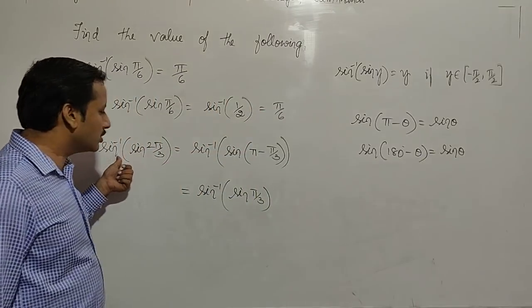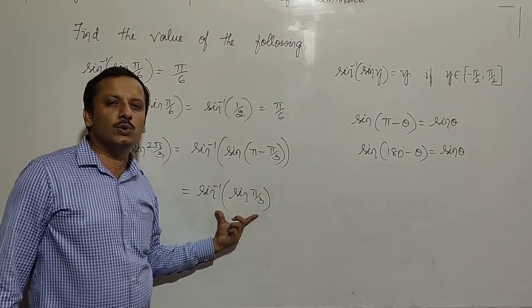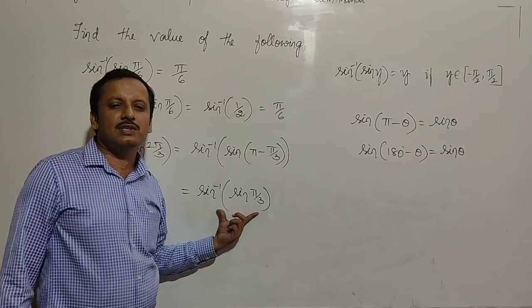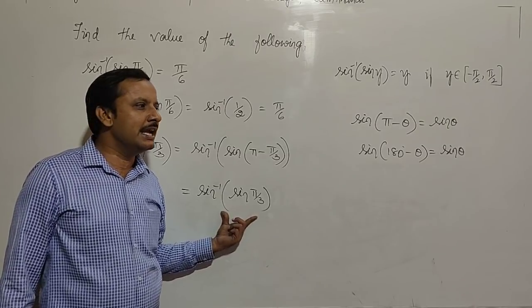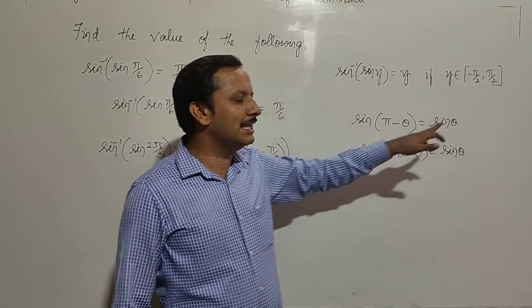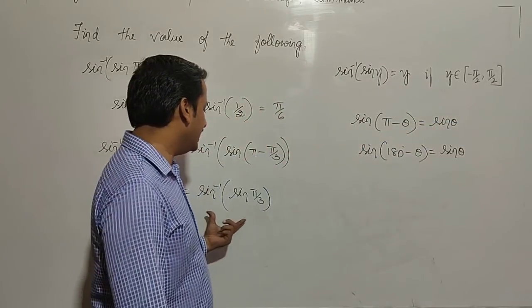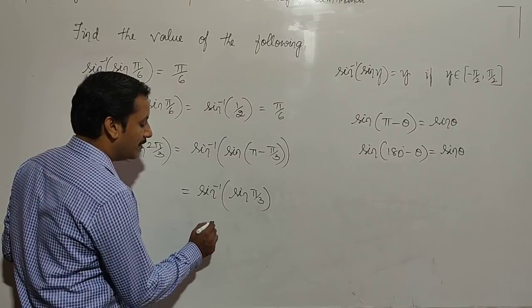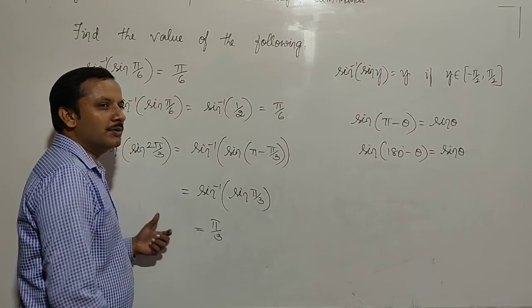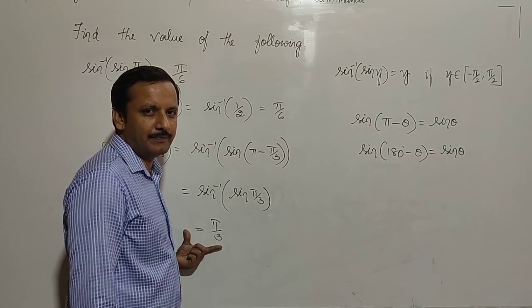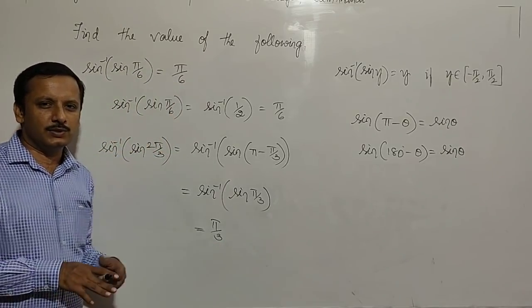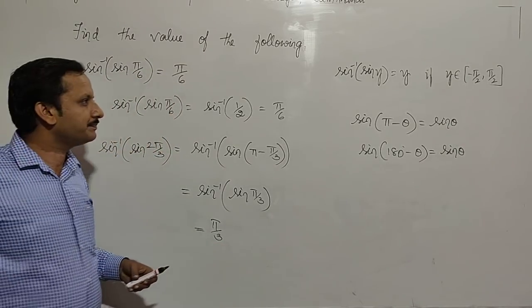However, now we have reduced that problem to this form, sine inverse of sine pi by 3, and now this pi by 3 lies in its principal branch. Therefore, we can directly write sine inverse of sine pi by 3 is equal to pi by 3. Okay, let's go to the next question.